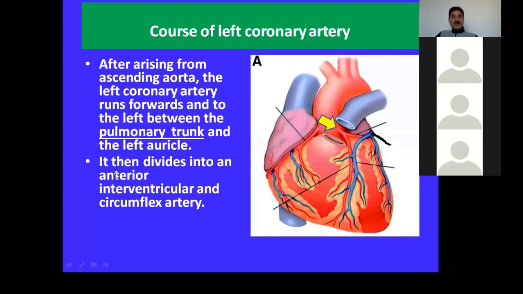After its origin, this trunk divides into an anterior interventricular and a circumflex branch. You can see this is the anterior interventricular branch, and this one is the circumflex branch of the left coronary artery.